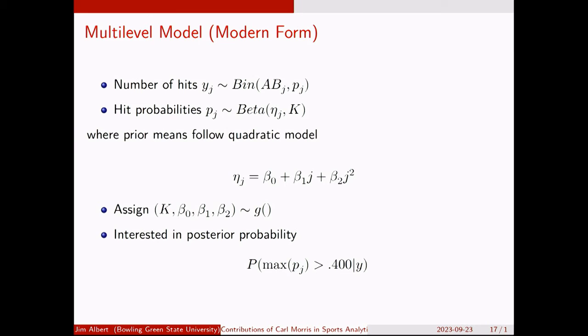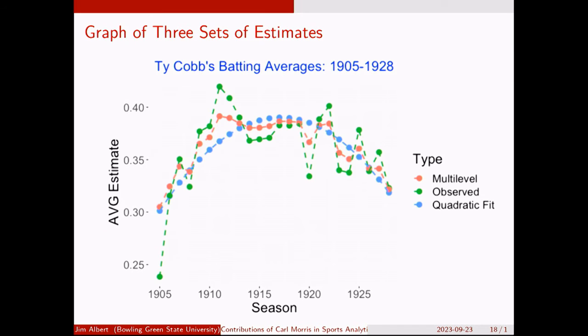Okay, now, he has a nice picture in his paper which illustrates these procedure estimates. And so what I've done is I've redrawn this figure using R. The green dots represent the actual observed batting averages for Ty Cobb. The blue represents the quadratic fit. And again, this is like a shrinkage estimator, because using a multi-level model, the posterior estimates shrink the observed averages toward the model estimates.